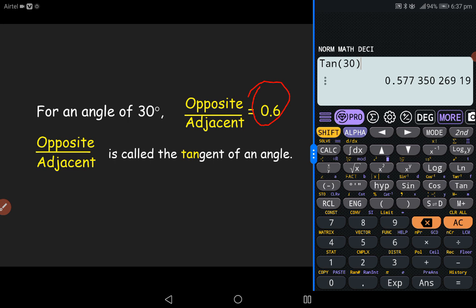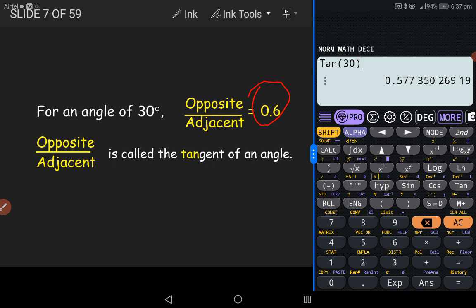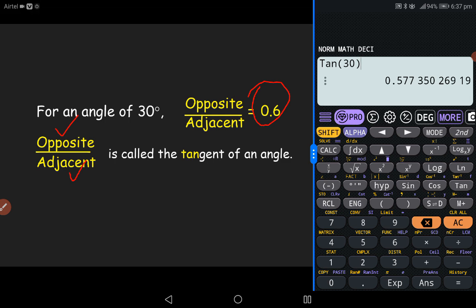So the ratio of the opposite side to the adjacent side, in other words, the opposite side divided by the adjacent side, in mathematics is called the tangent of an angle. The angle here should be the given angle.